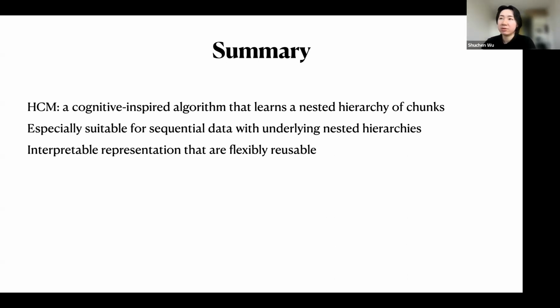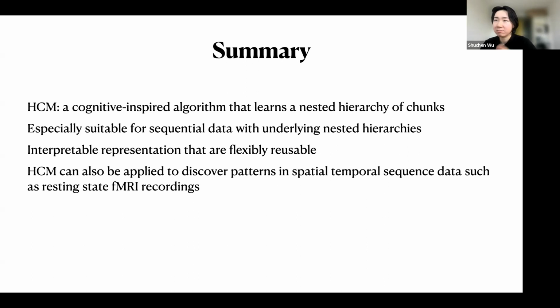In terms of applications, it can be used to discover patterns in spatial temporal sequence data, and also resting state fMRI recordings. So that summarizes my presentation, and we can move on to the discussion stage. I went through some of the slides quite fast, so if you have questions, please ask.